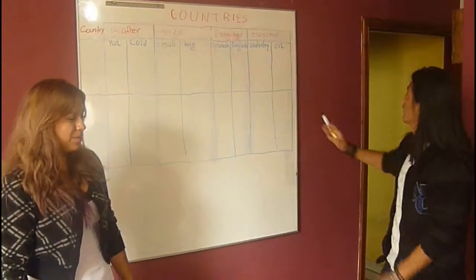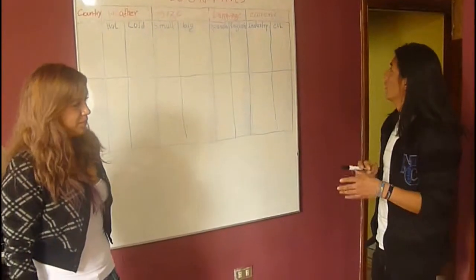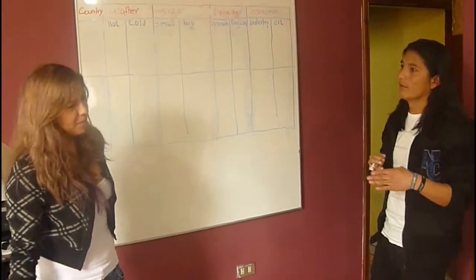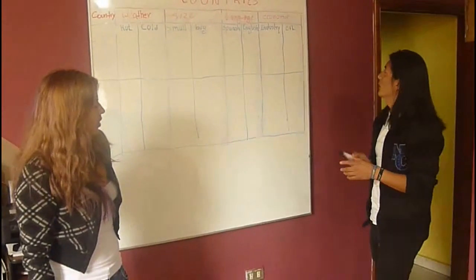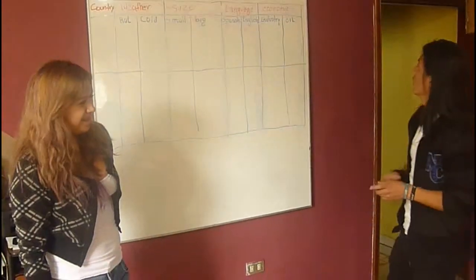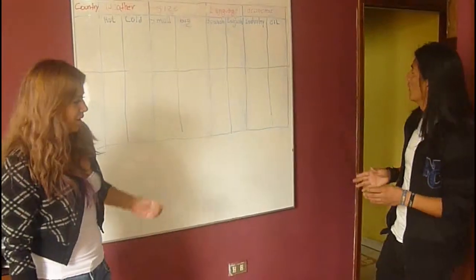For example, industry can be technology, or it can be farming. Okay, farming is an industry. In oil it can be oil, gold, petroleum. Okay.